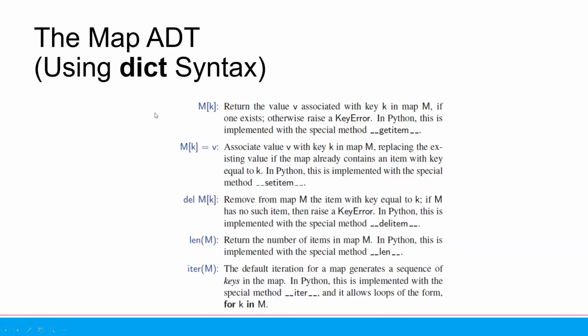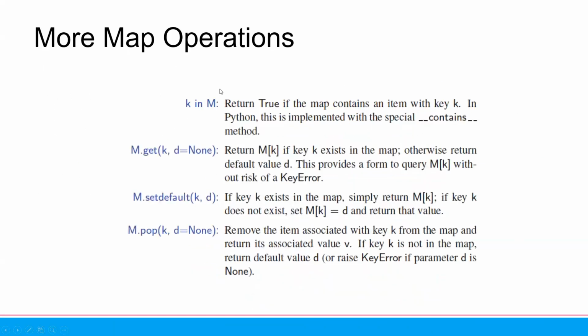Last time we learned about the map entity. If you use the dictionary in Python, there might also be similar syntax like this one. So last time we already learned those.